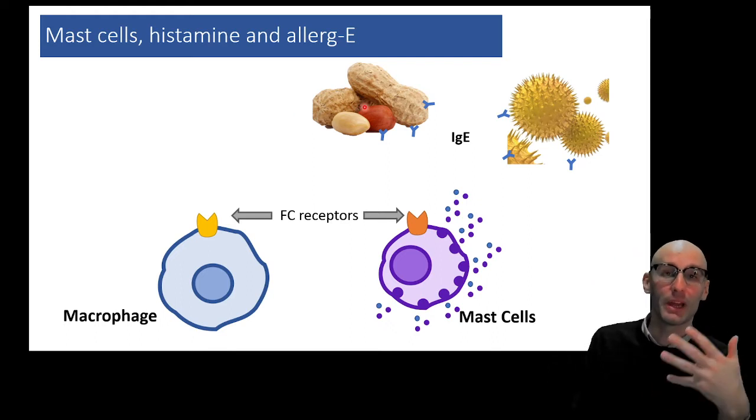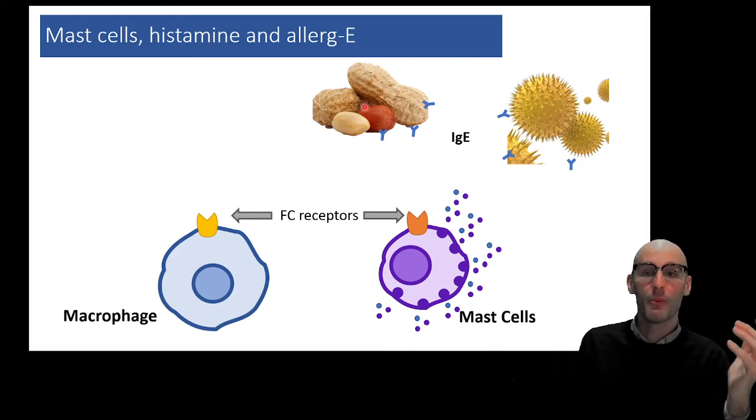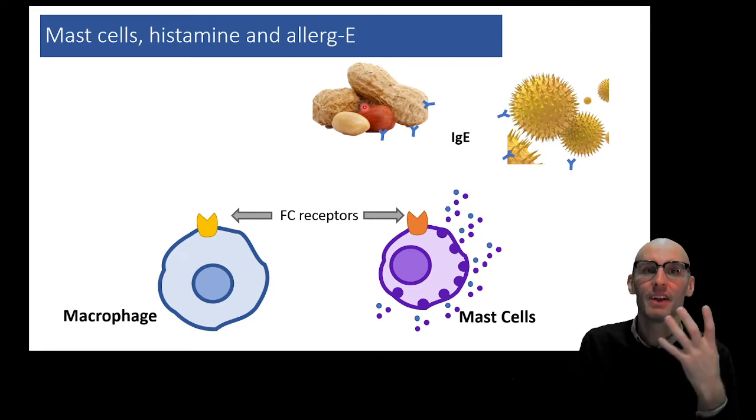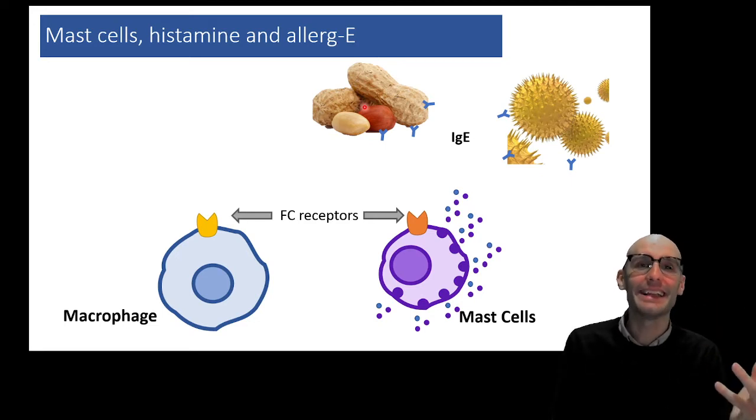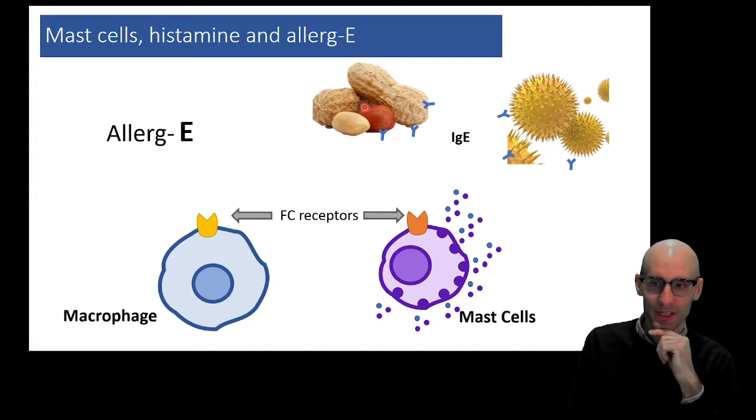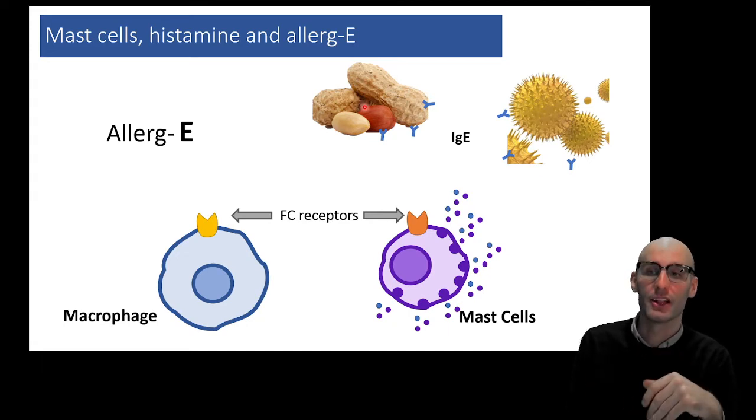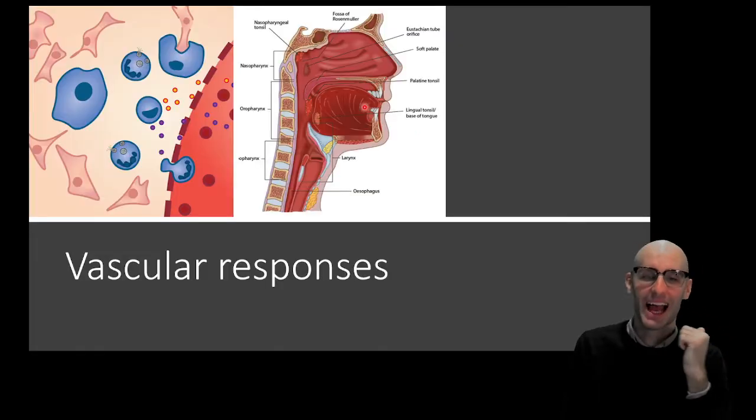Now, should this happen, we get massive histamine release when we shouldn't, and so we get that massive vasodilation and leakiness of the blood vessels when we shouldn't. So I always remember this by allergy antibody doing that.